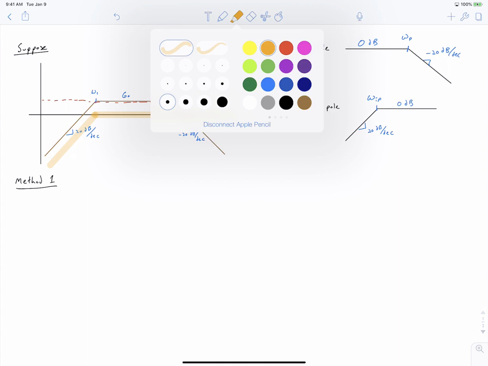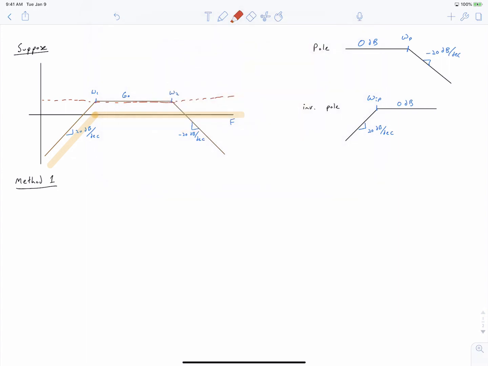So we can see this is a combination of those two transfer functions plus a pole that occurs at frequency omega 2, and the pole would start at 0 decibels because that's what poles do, and at omega 2 it would start branching down. If you multiply these three transfer functions in the Laplace domain, you add them in your Bode plot, and you'd end up with the brown line that we've drawn. So you can write this out down below.